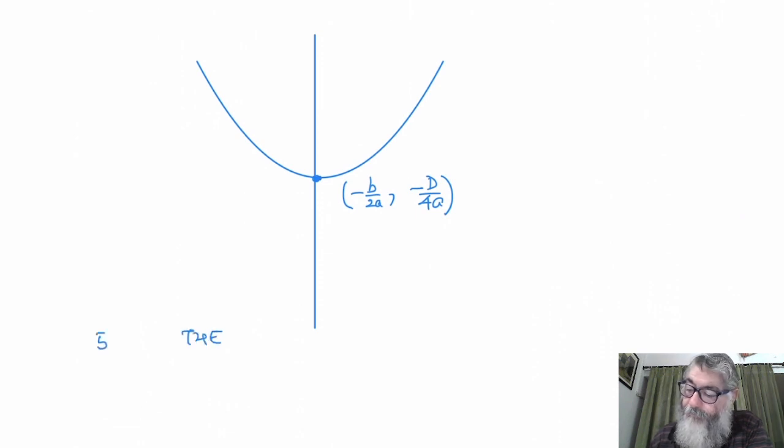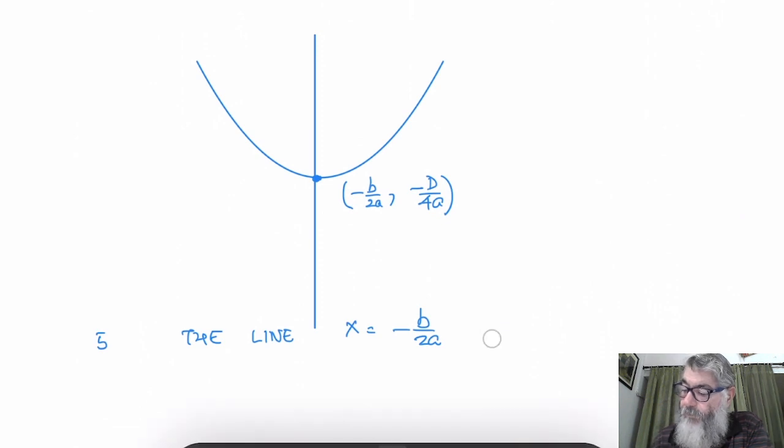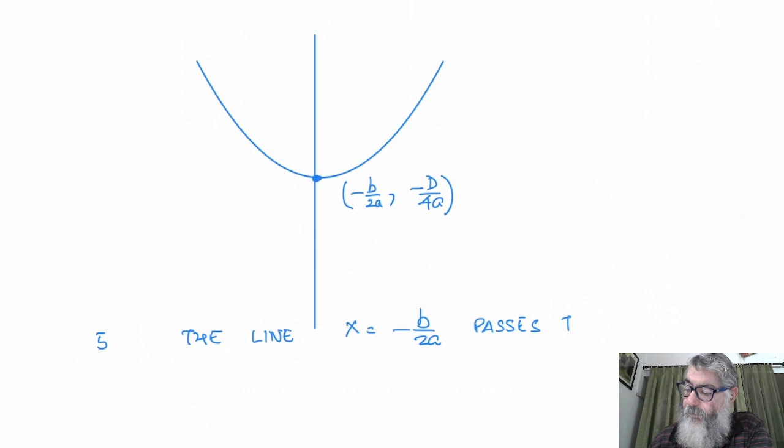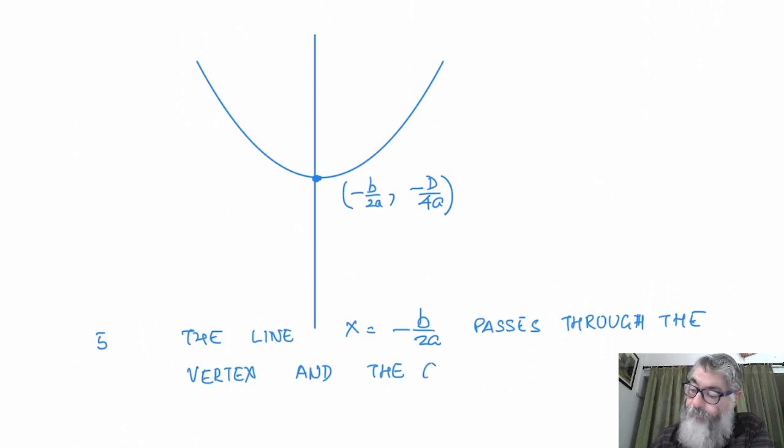The line x is equal to minus b upon 2a passes through the vertex, and the parabola, the graph, is symmetrical about this line.